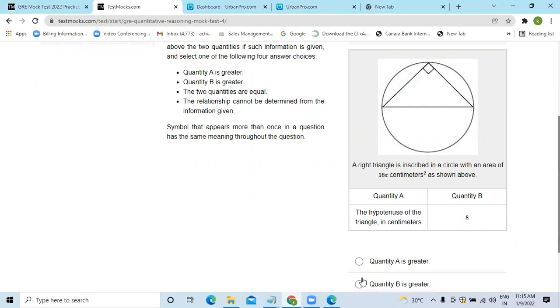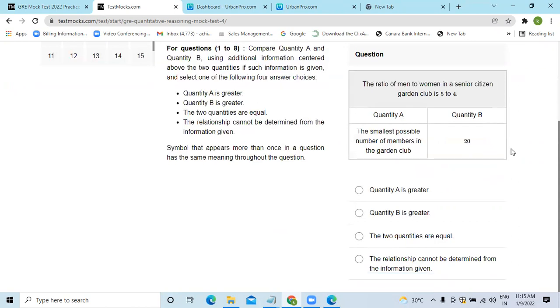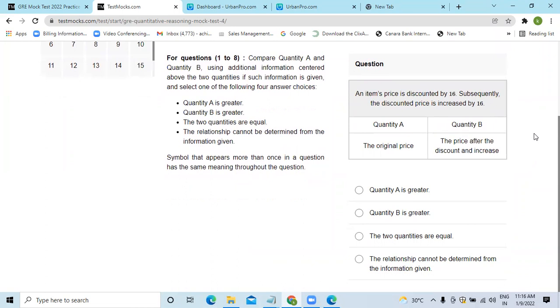Quantity B is greater, sir. Quantity B is greater. The original price, sir.